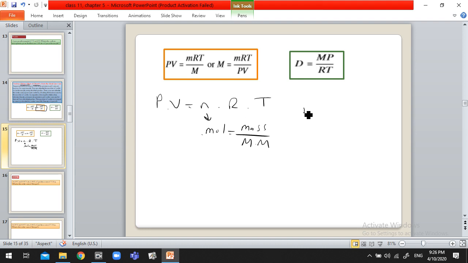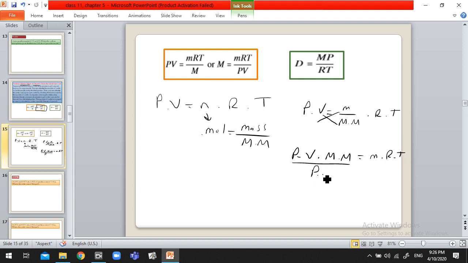So instead of mole, we can write here P times V equals mass over molar mass times R times T. After that, guys, you can leave the molar mass alone. How? You can cross multiply, and P times V times molar mass equals m times R times T.